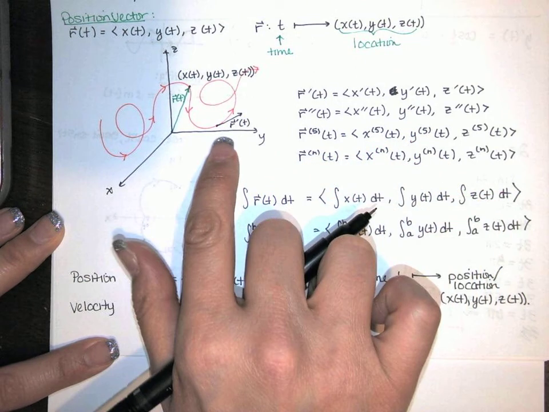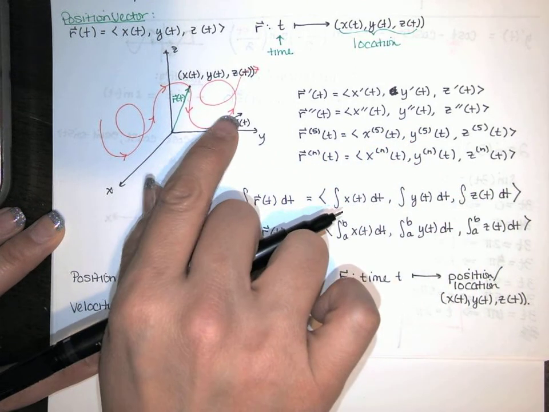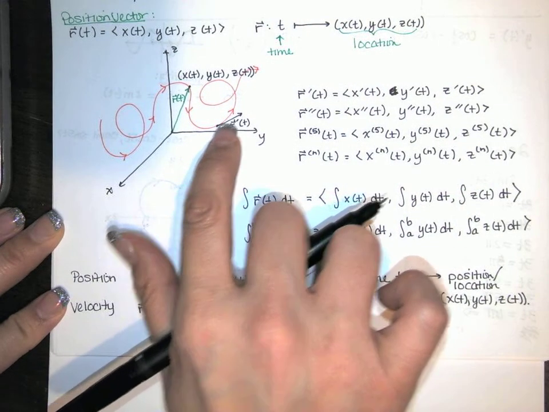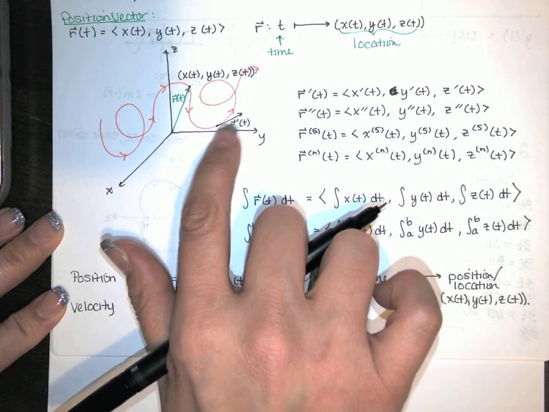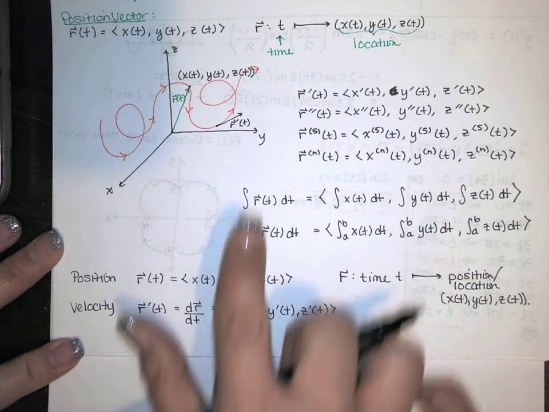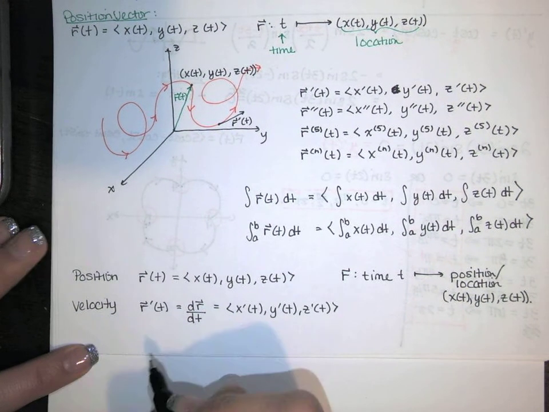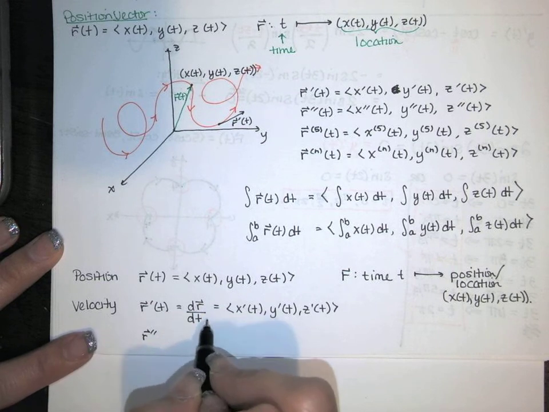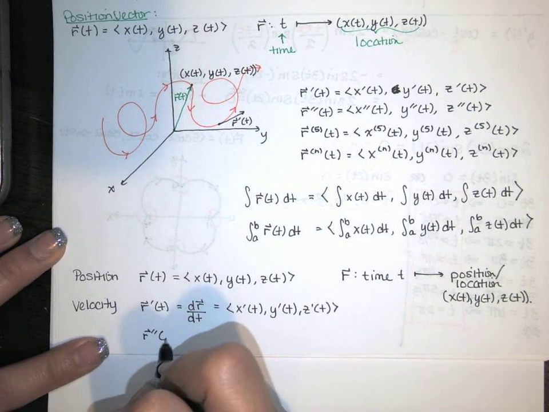At this point in time, I'm going in this direction. I'm also turning a little bit, it looks like. But that's telling me the velocity with direction and its magnitude, and tells me my speed, and which way I'm going. If I take the derivative again, that's change in position per unit time per unit time.